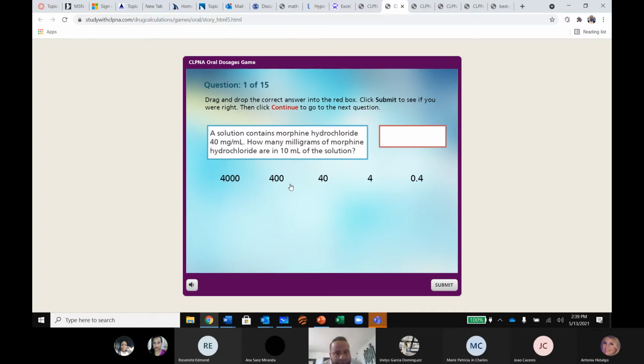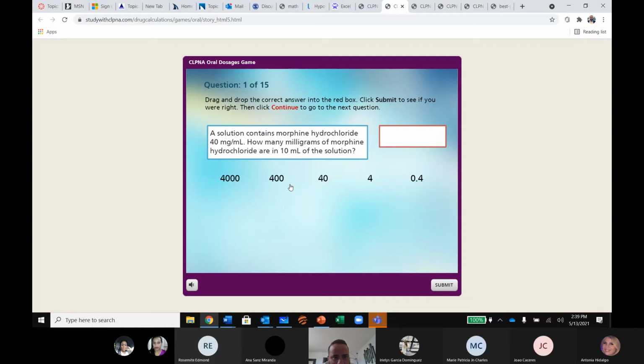A solution contains morphine hydrochloride 40 milligrams per milliliter. How many milligrams of morphine hydrochloride are in 10 milliliters of the solution? Okay. Everyone analyze the problem and give me the solution. On the container, we have 40 milligrams per ml.